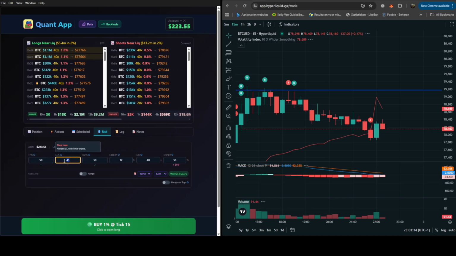For me, it's 50, 45. I'm seeing a kind of cool pattern in it.